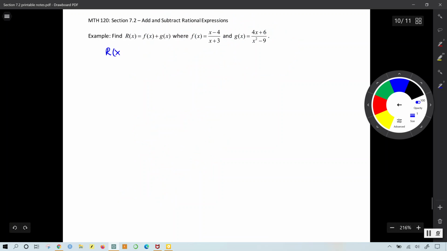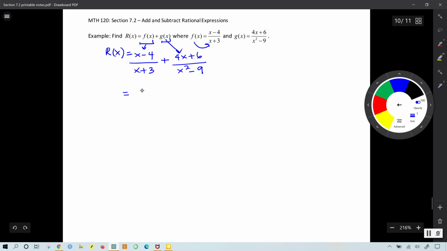That will be finding r of x, which is f of x plus g of x. What is f of x? That is x minus 4 all over x plus 3, plus g of x, which is 4x plus 6 all over x squared minus 9.